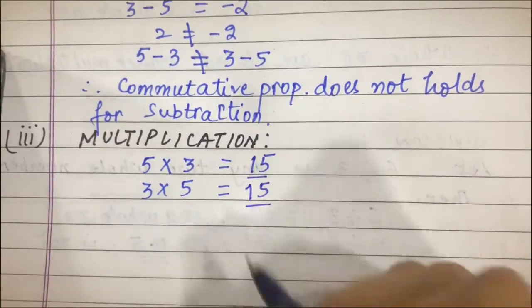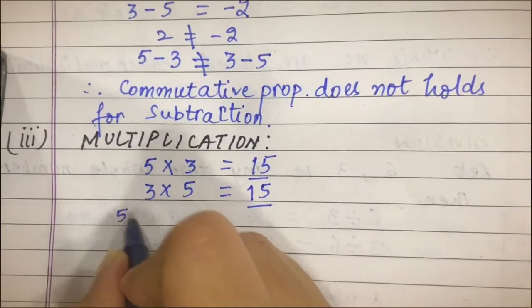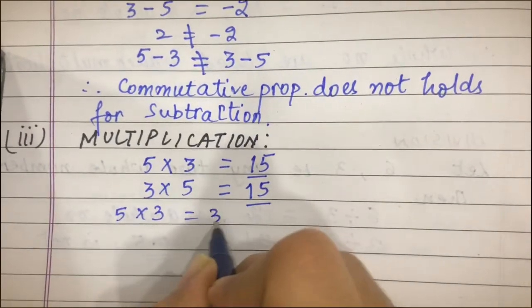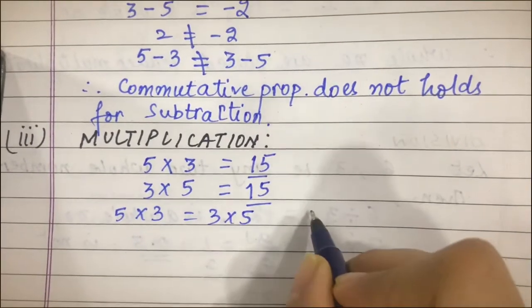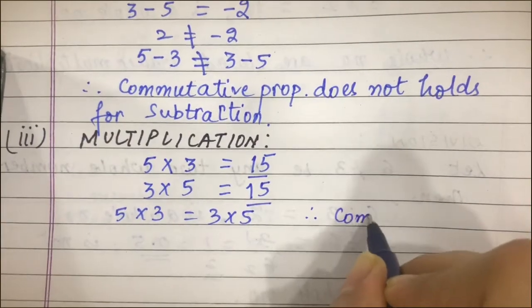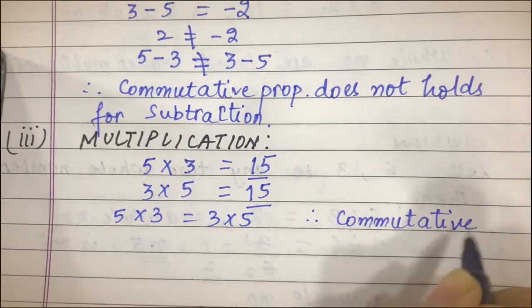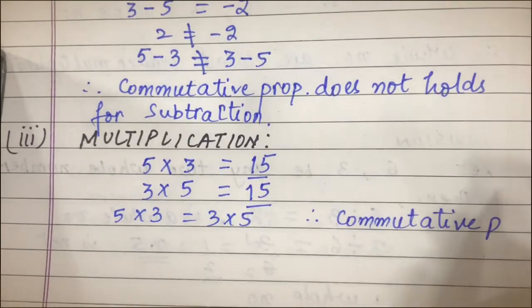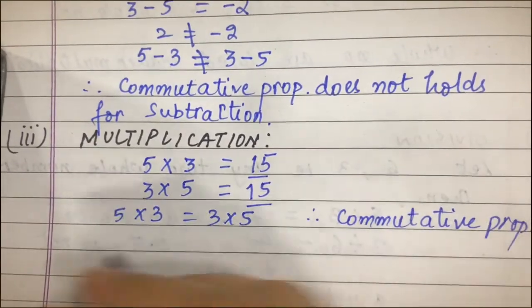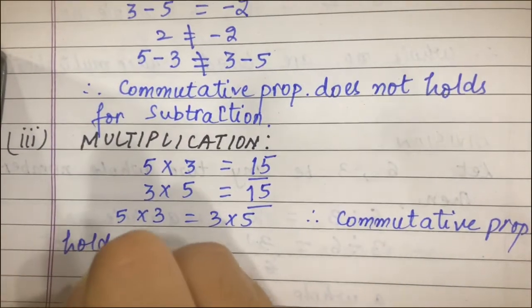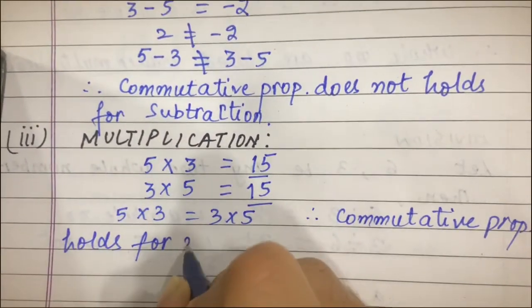Can you see you are getting both answers the same? So can we say 5 into 3 is the same as 3 into 5? Therefore, commutative property is true, or commutative property holds for multiplication.